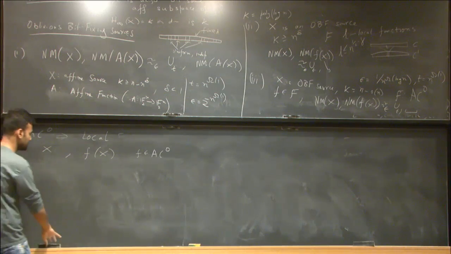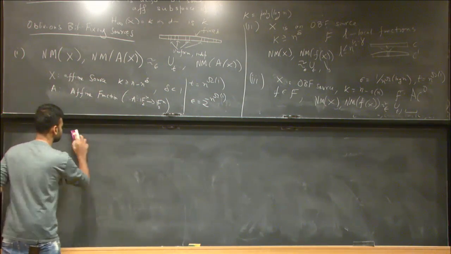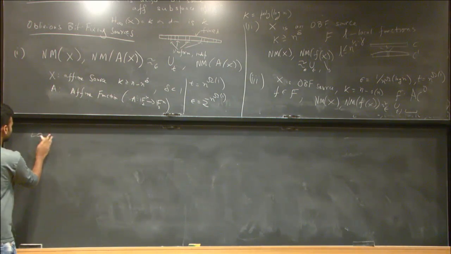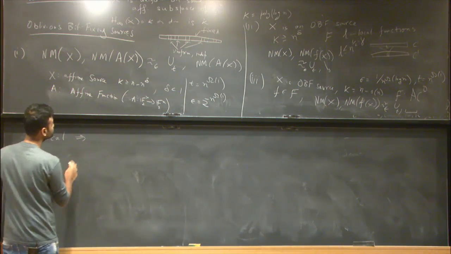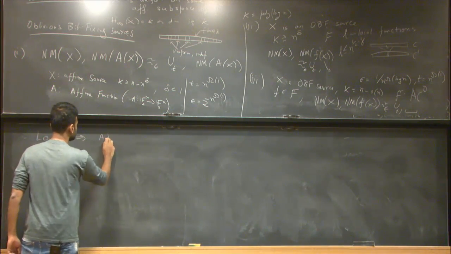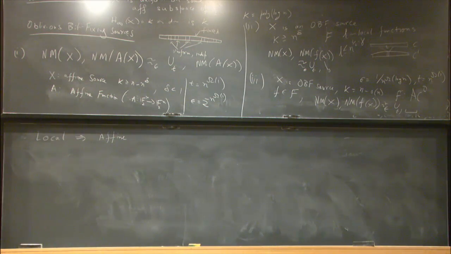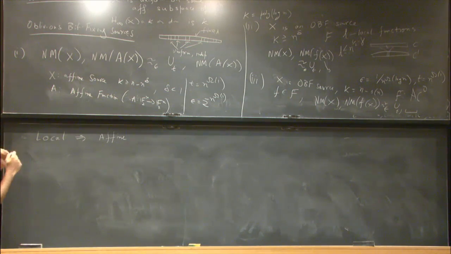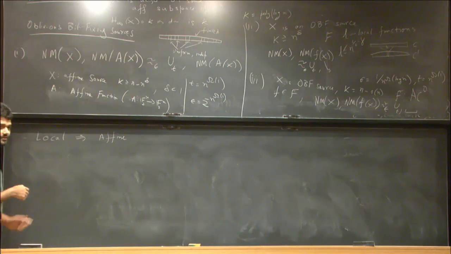So essentially, I'll just sketch the idea because it's simpler. Let's do local to affine. So X is an oblivious bit fixing source with some amount of min entropy.